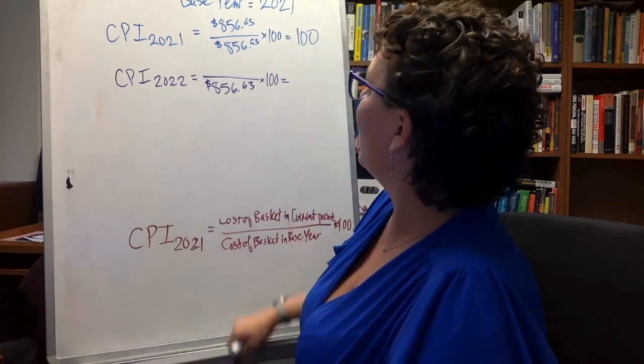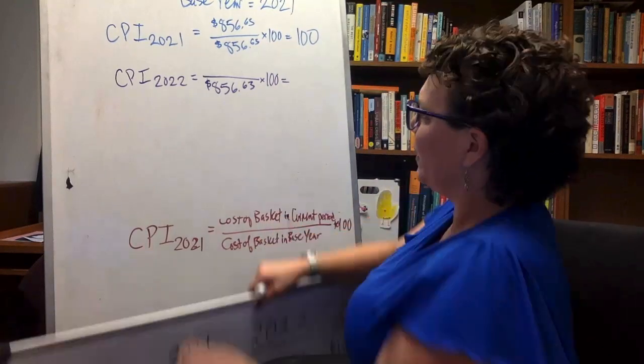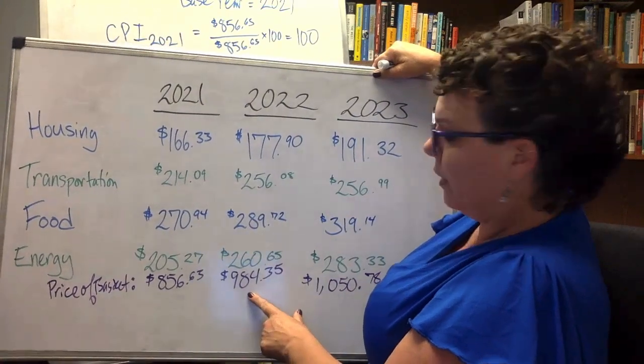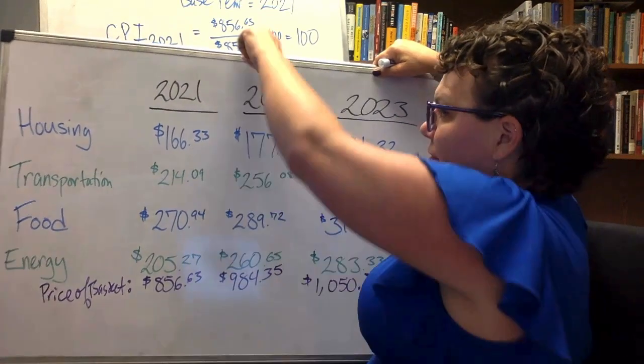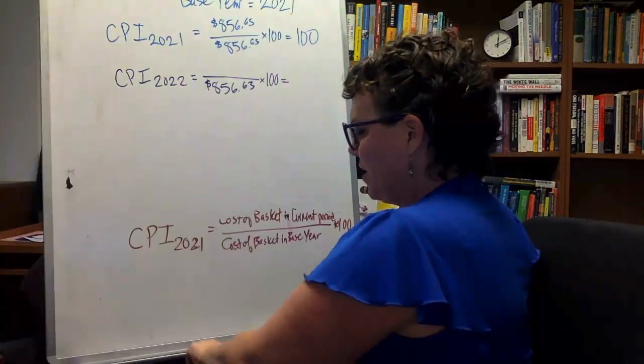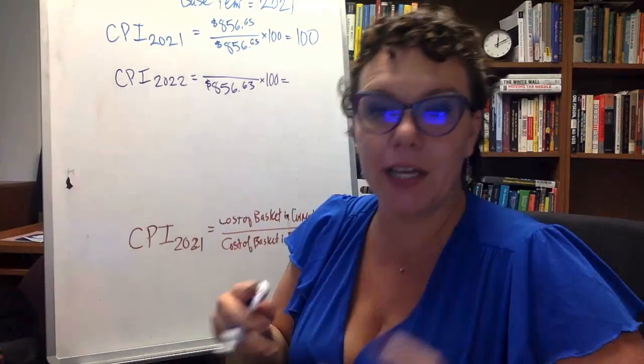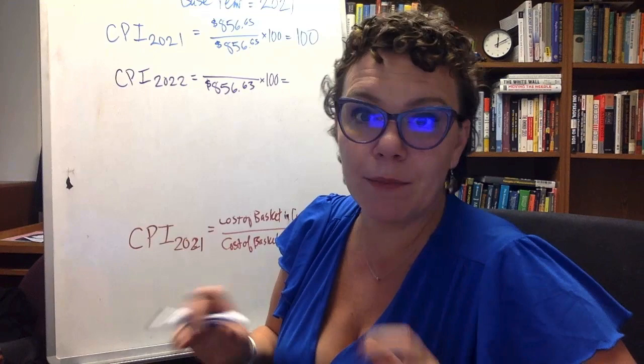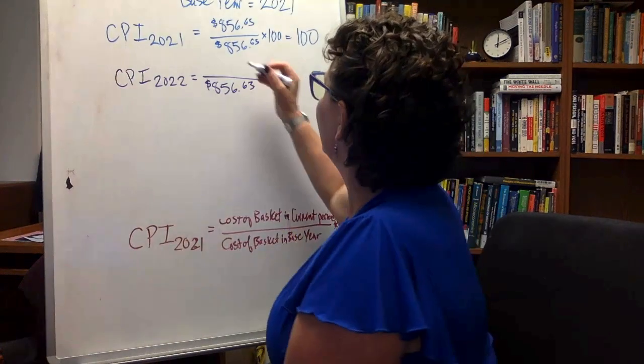But I need the cost of the basket in the current year. For 2022, that's going to be $984.35. That's going to give me a different value, and that value is going to represent the percent change in prices based on the previous period.